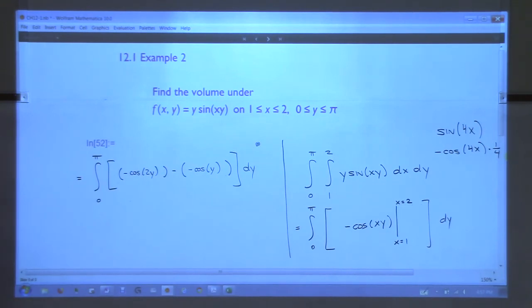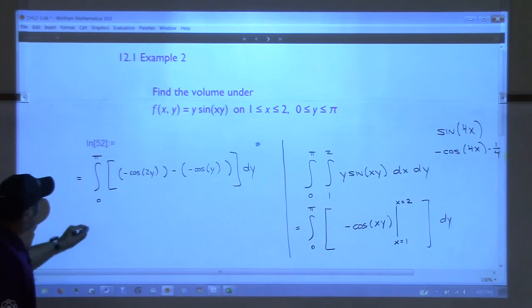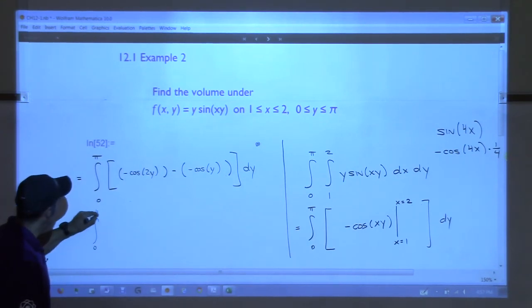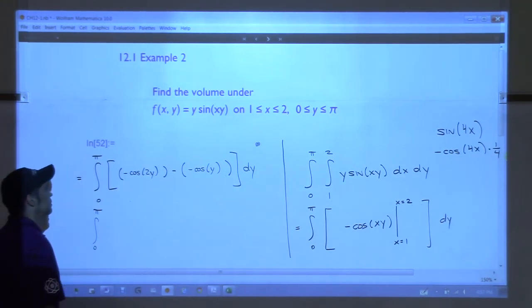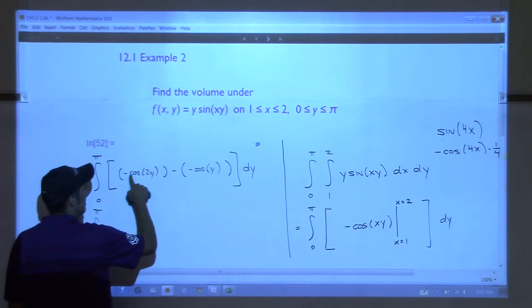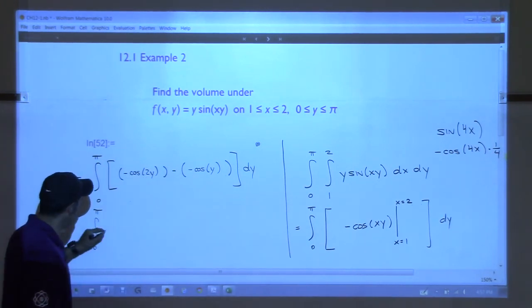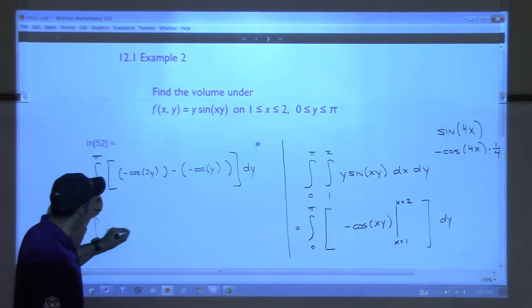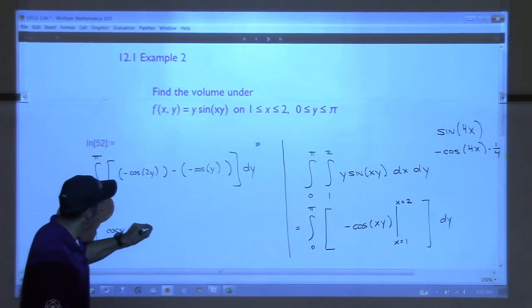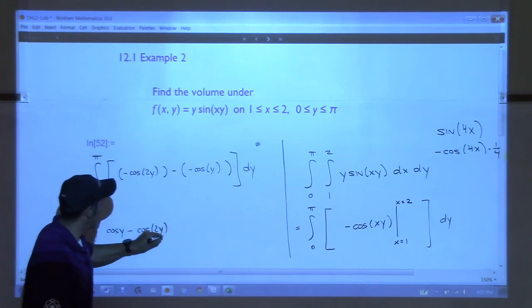We just replaced x with 2 and x with 1. Before I integrate, I'll clean it up. This is minus cosine 2y, and this becomes plus cosine y. So I'm just going to go cosine y minus cosine 2y dy.